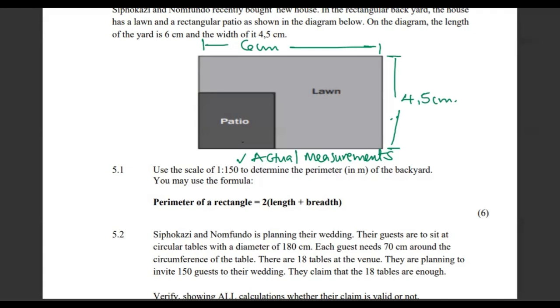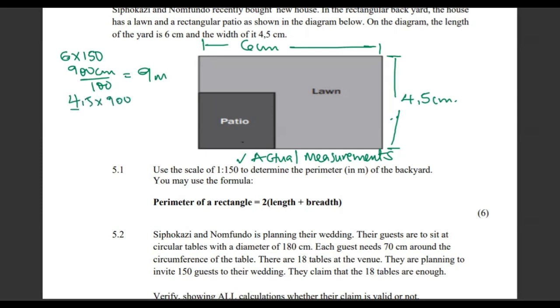What I'm going to do first is to change them into actual size, which will be 6 times 150, giving me 900. These are 900 centimeters. I want them to become meters. That comes to 9 meters.